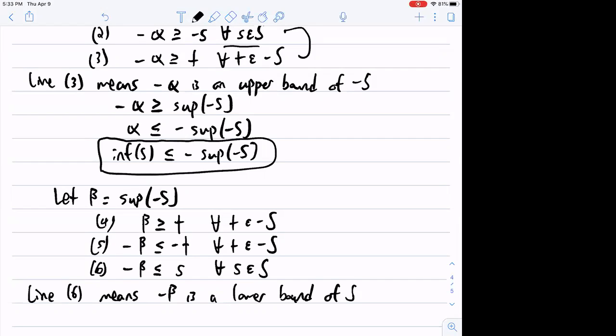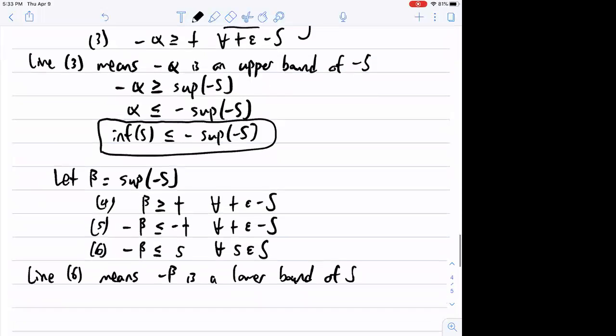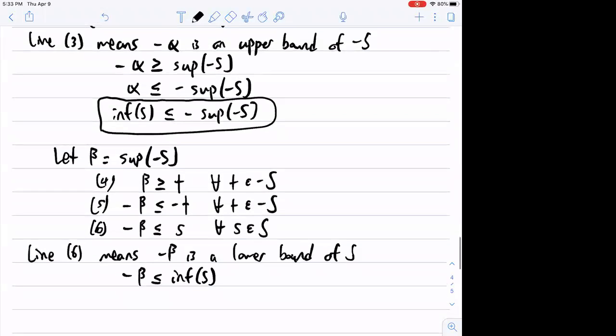Infimum is the greatest lower bound, right? So negative beta is smaller than or equal to infimum of S, because negative beta is a lower bound, but infimum is the greatest lower bound. And then you're done, because what was beta? Beta was sup of negative S.